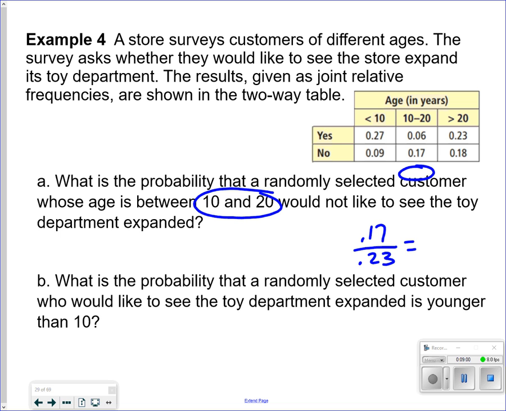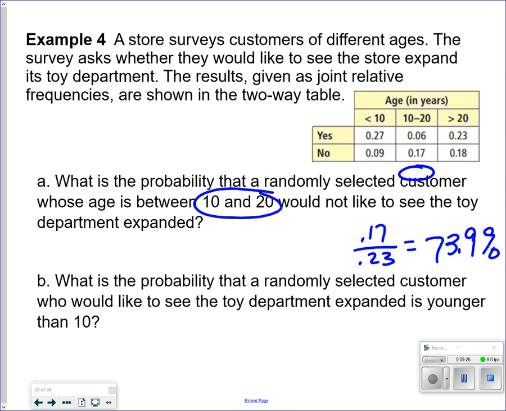So 0.17 out of the 0.23 is 73.9%. Okay, so what is the probability? It's a 73.9% chance that a randomly selected customer whose age is between 10 and 20, so that is the key, would not like to see the toy department expand.